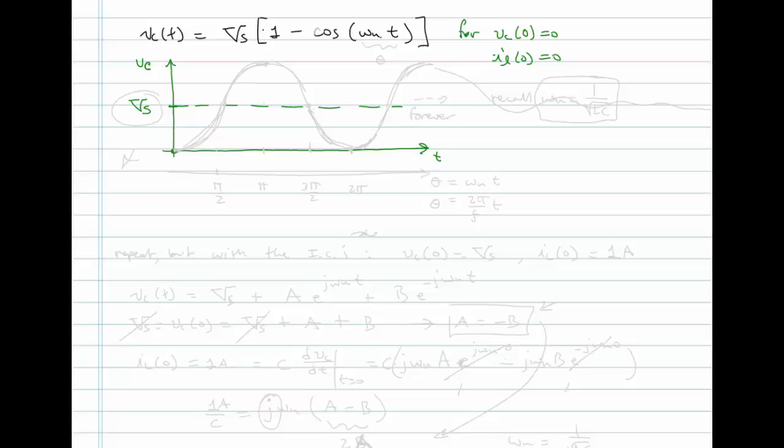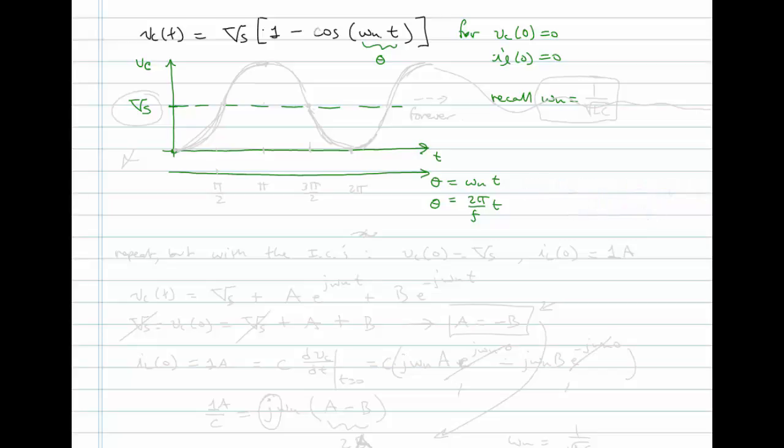And then let's just replace all this with theta. I'd rather plot this against theta because it's just easier. So theta is equal to omega n times t, and if you're confused, this is 2 pi over the frequency. All right, so recall, where did we get omega n?